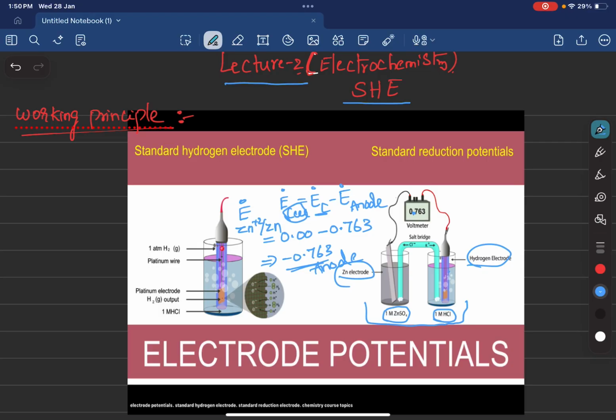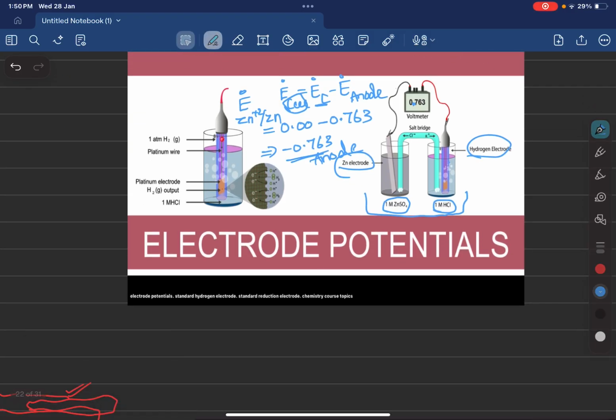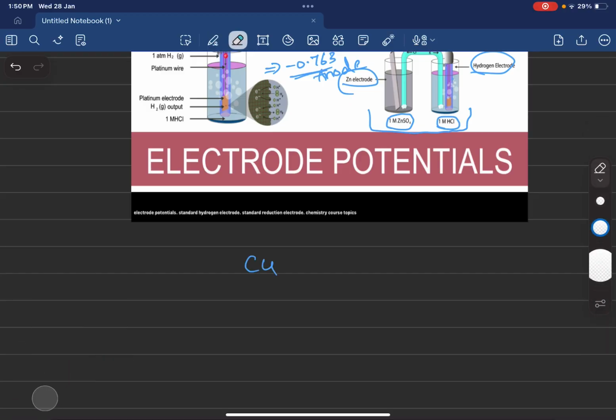That's how they determine the standard electrode potential of all the metals. However, we did it in the case of zinc. Suppose copper is connected, how do we do it? Copper is less reactive than hydrogen.